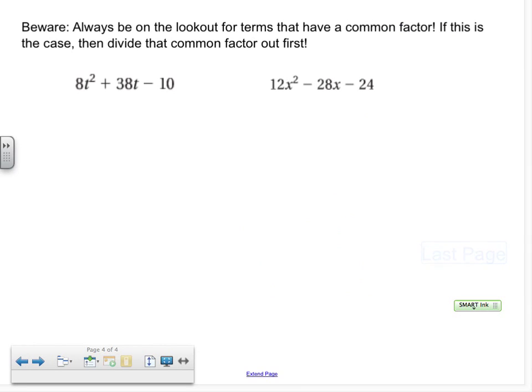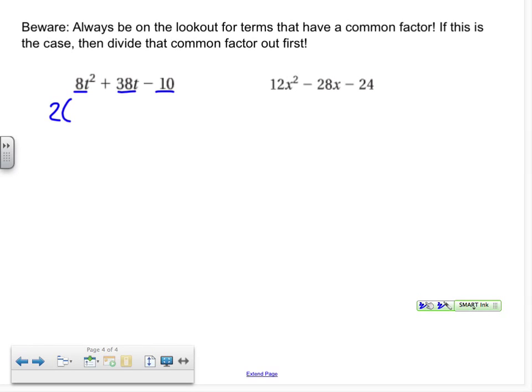All right, now, sometimes you come across tricky problems that have a common factor before you put them in the box. What you need to do is say, okay, there's something in common that I can pull out. As I take a look at this first problem, 8, 38, and negative 10, they're all even. So what you want to do there is pull out your 2.